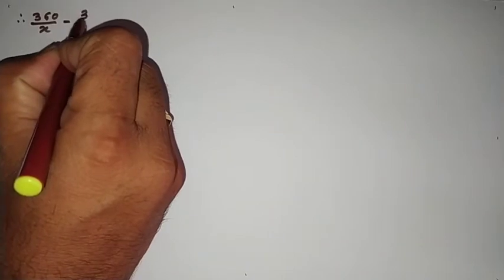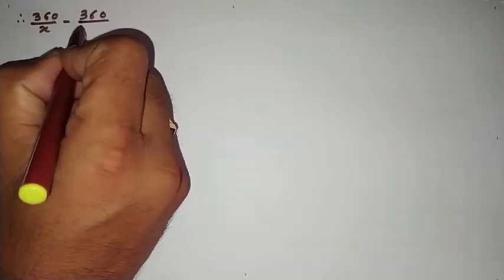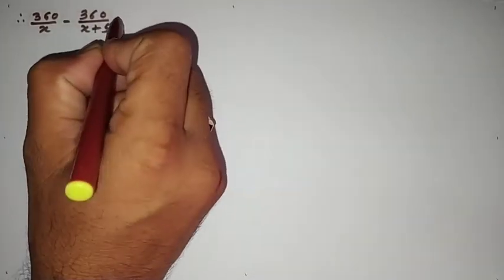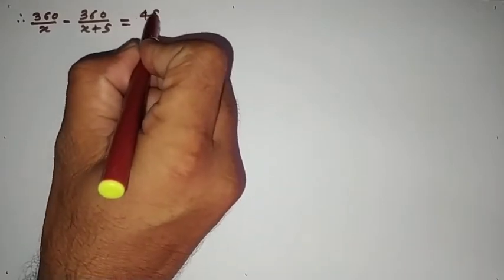Therefore, 360 upon x minus 360 upon x plus 5 is equal to 48 upon 60.